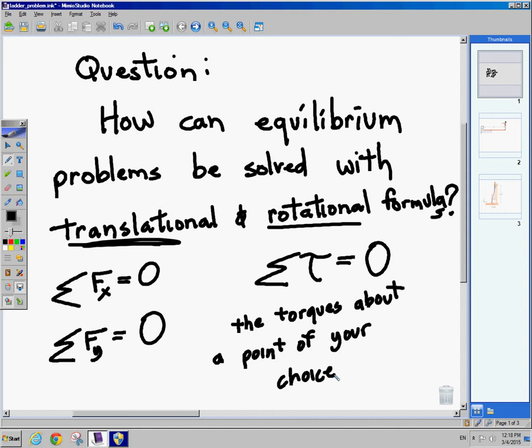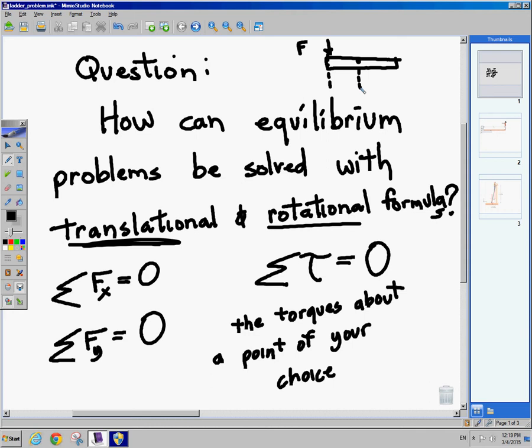What does that mean? You know how if you have an object and you exert a force on it, in order to figure out how much torque is being exerted, you have to ask yourself which point you are analyzing. Which point are you considering to be the pivot point? If you were considering this point right here, then the torque would be the force times that perpendicular distance.